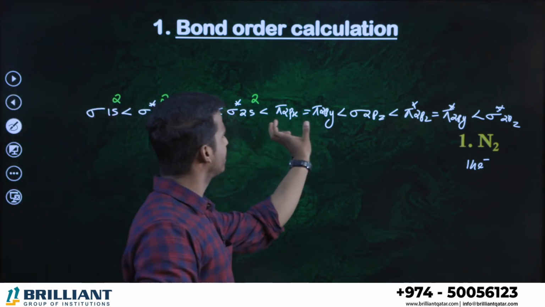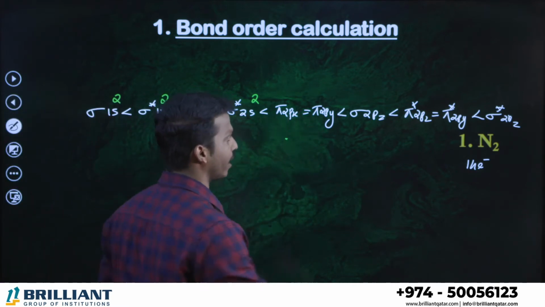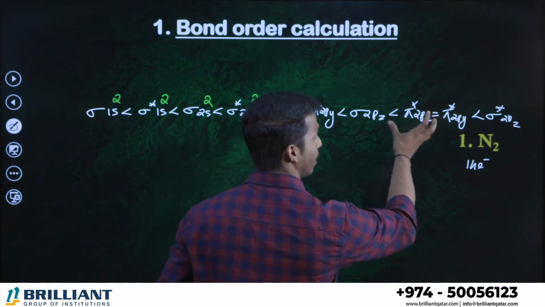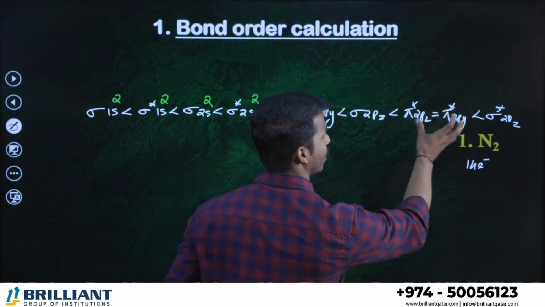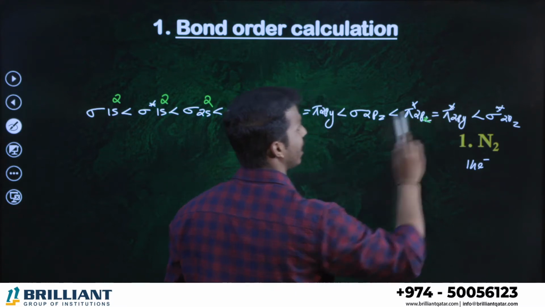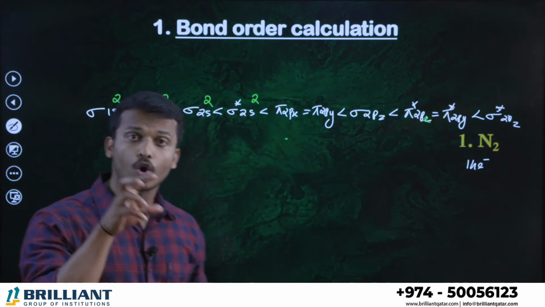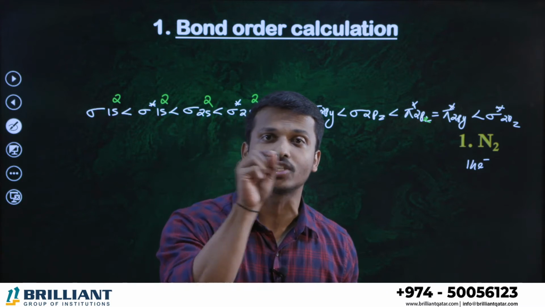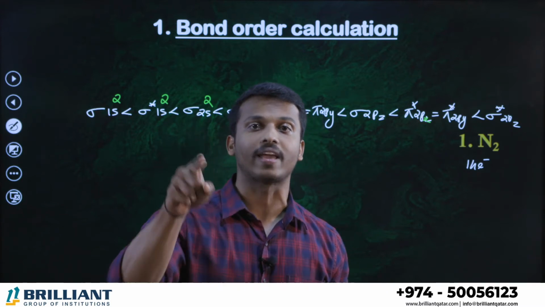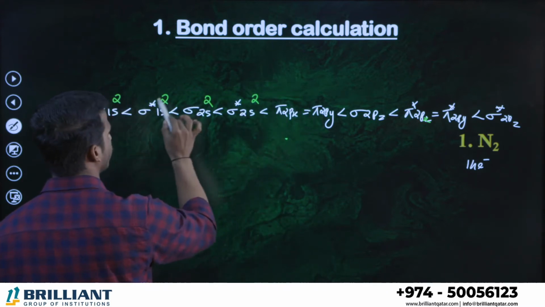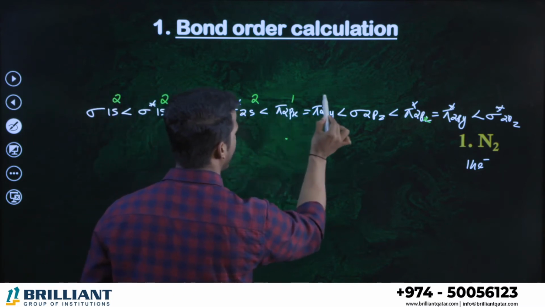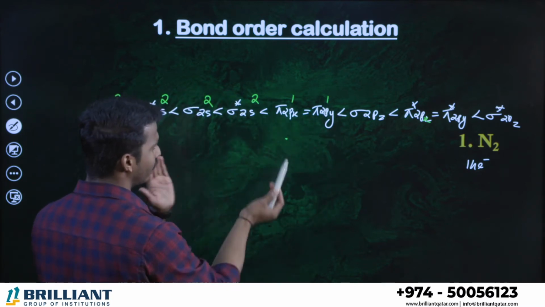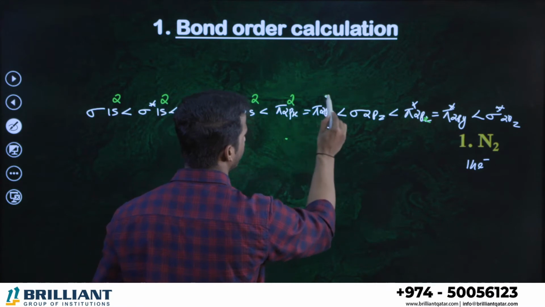But the orbitals pi 2px and pi 2py, and pi star 2px and pi star 2py, have the same energy. In those orbitals, after single occupation of electrons, only then can pairing happen, which means 1, 1 first, singly occupied, then pairing 2, 2.